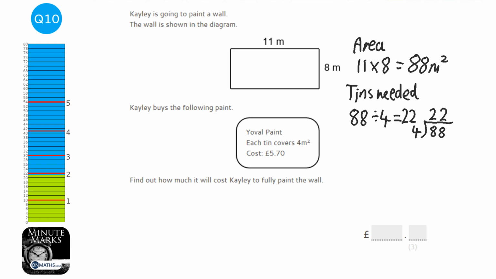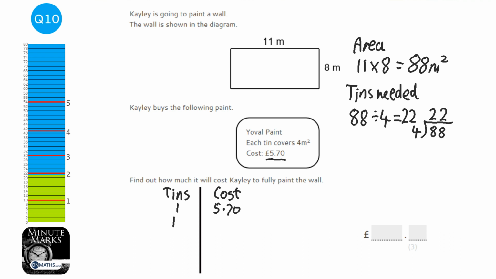Now here's the difficult bit. The cost is £5.70 and I need 22 of them. So if I work out using a quick little diagram, if I've got one tin, that will cost £5.70, and so I need to get 22.